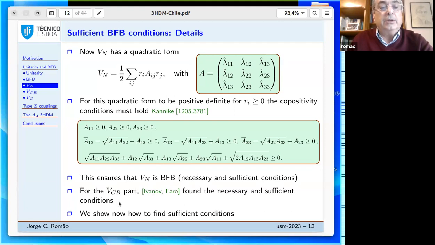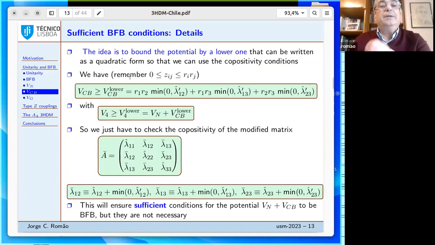Now, for the VCB part, Ivanov and Faro also found the necessary and sufficient conditions using geometrical methods. The result is a bit complicated, but we are not going in that direction because we don't know how to do it for all the other symmetry constrained models, and we want to find sufficient conditions also for the VCB part. So the idea is that you bound your potential by a lower one that can be written as a quadratic form so that you can use the copositivity conditions.